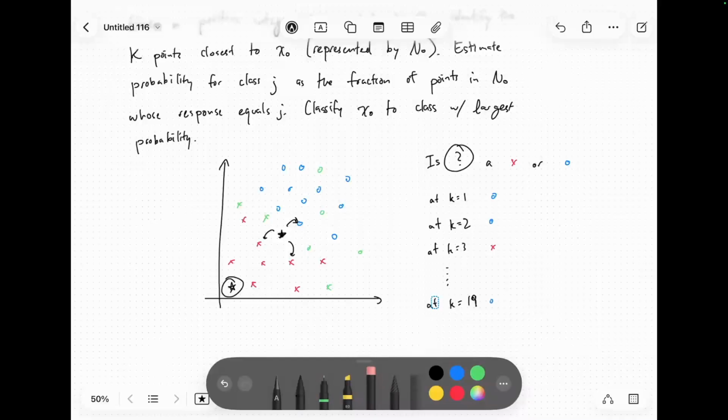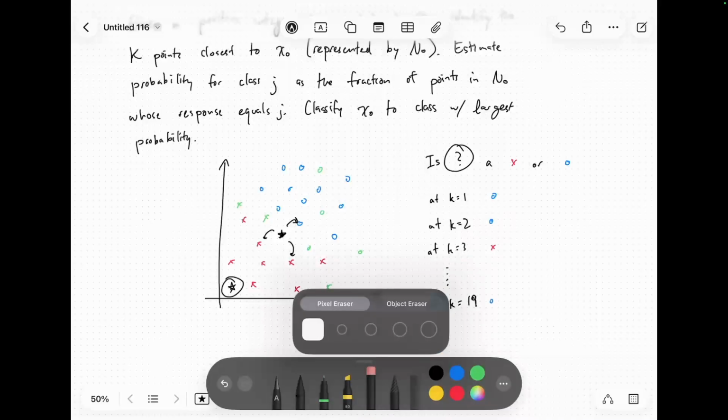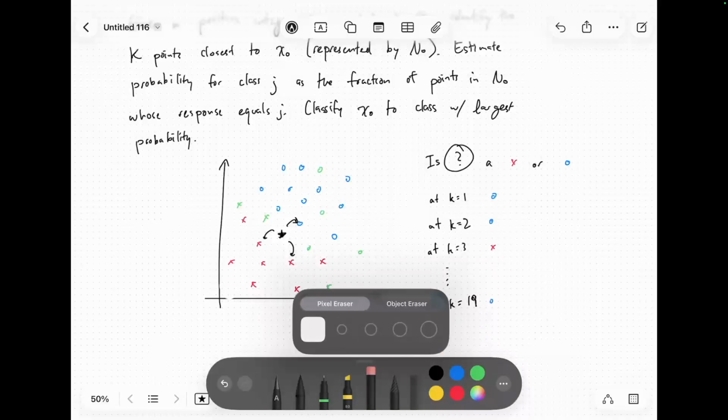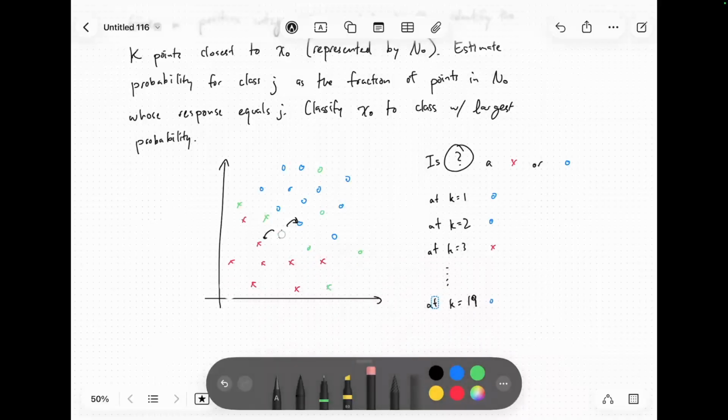Could you explain again at k equals 3 how it's the red versus the blue? Oh, it's just the 3 points that are closest to my star. Let's do it like this.